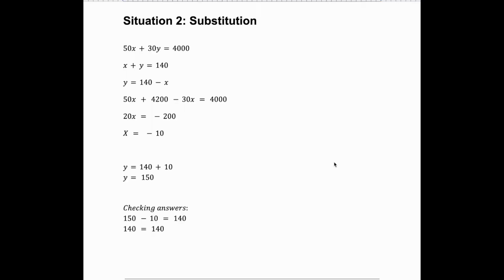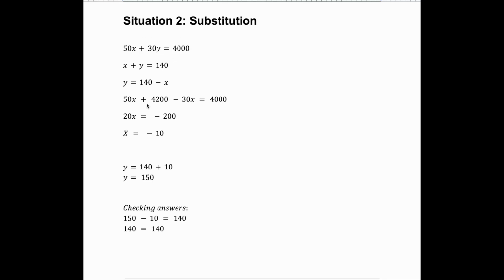Another method that we can use is substitution. So yet again, we have the two equations: 50x plus 30y equals 4,000 and x plus y equals 140. We can turn x plus y equals 140 into y equals 140 minus x, and we can substitute this for the y in the equation 50x plus 30y equals 4,000.